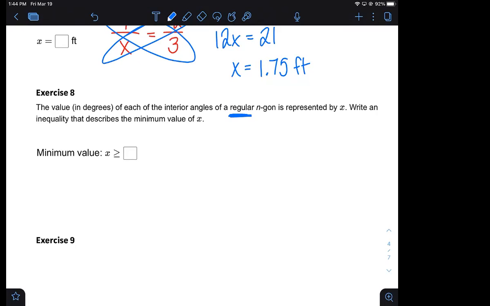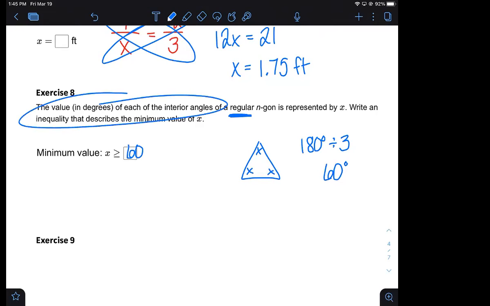Equal, the same size. Yes, it's equilateral and equiangular. If I take 180 degrees, which is what a triangle has, and divide it 3 ways, how much is each of the interior angles going to be? Gotta be 60. So x, the smallest it can be, is 60, because x represents each of the interior angles.